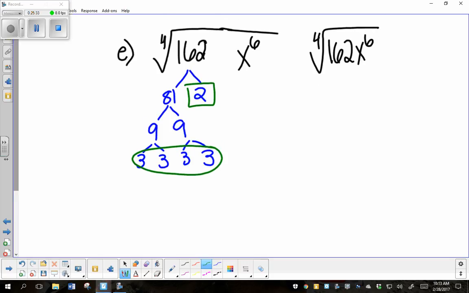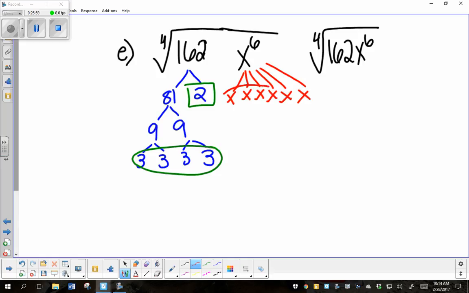Now, if I were you, I just hold off until we finish the x's, and then we'll write our answer all at once. So for the x's, there's easier ways to do it. Like when you start getting used to it, you'll be like, oh yeah, that's easy. But I think the best way maybe to do it is, for now, let's just do this. I know you're going to think it's silly. X to the 6th is 1, 2, 3, 4, 5, 6 x's. Are there any groups of 4?